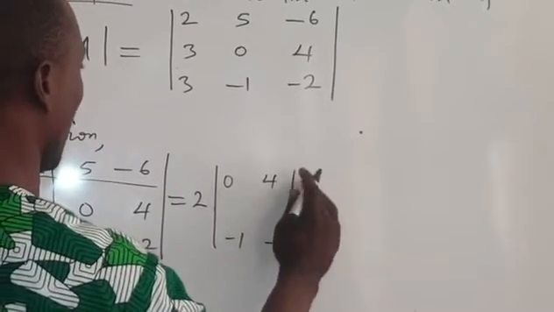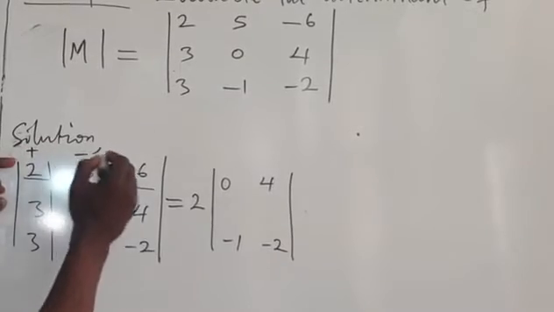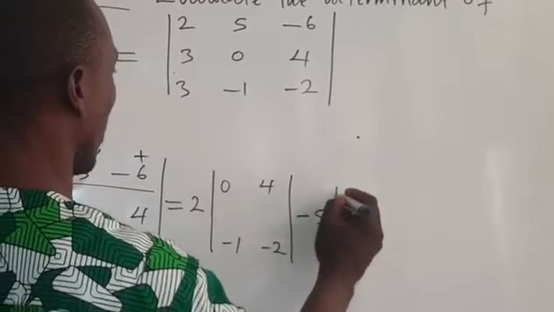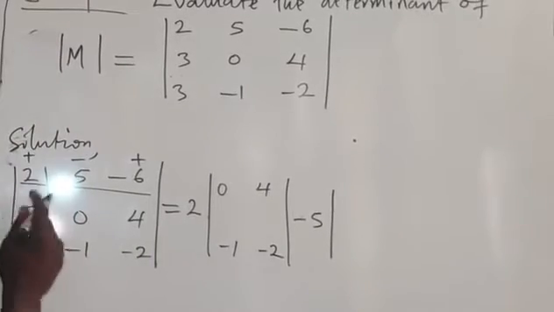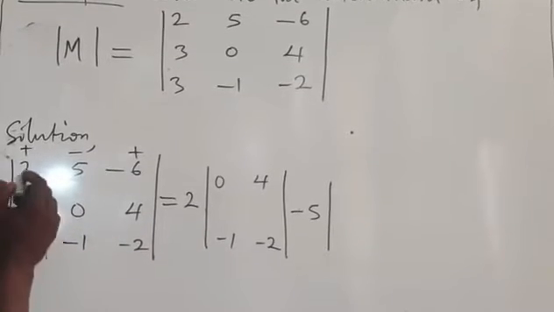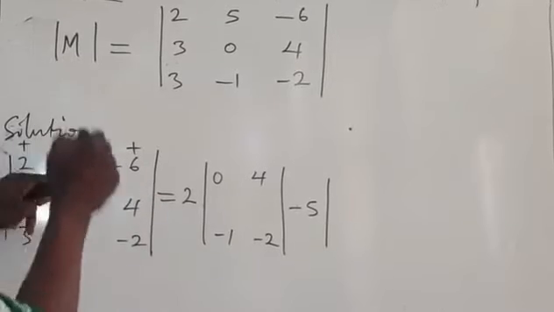Then minus, because we have to label this as plus, minus, plus. So minus 5 into the determinant of the remaining 4 elements. When you do the cover up method, you cover 5 horizontally and vertically.